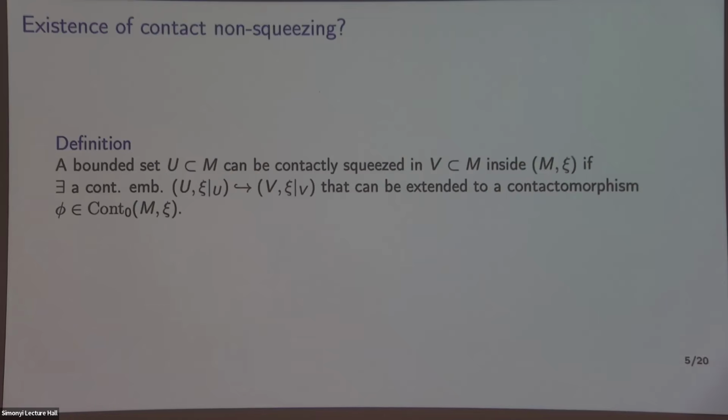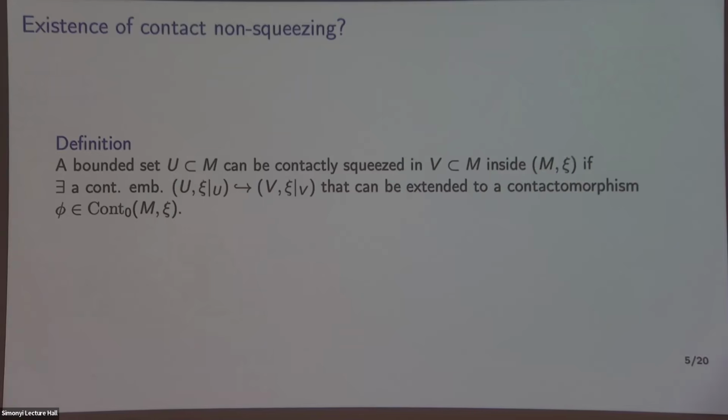So the big difference with symplectic geometry is that I'm asking that everything happens in an ambient contact manifold. I fix an ambient contact manifold, and I say that a bounded set U can be contactly squeezed in V inside this manifold if there exists this embedding that can be extended to the whole contact manifold.